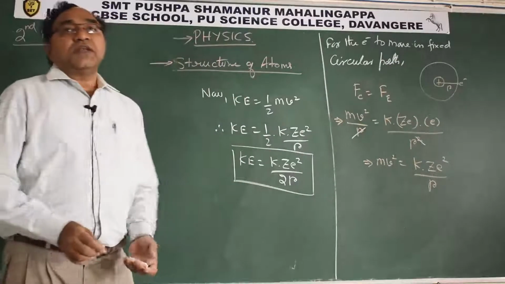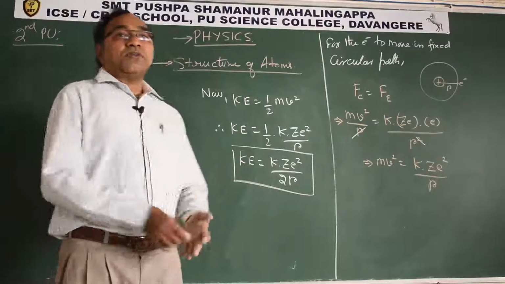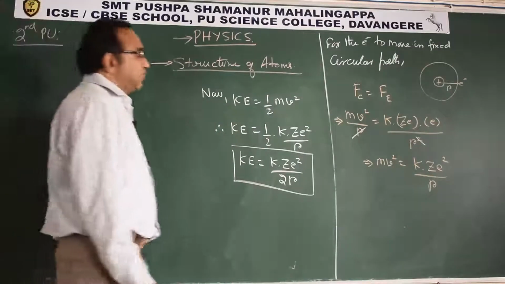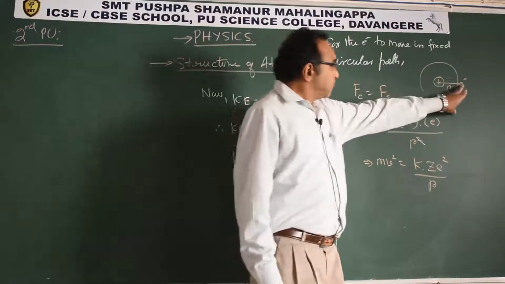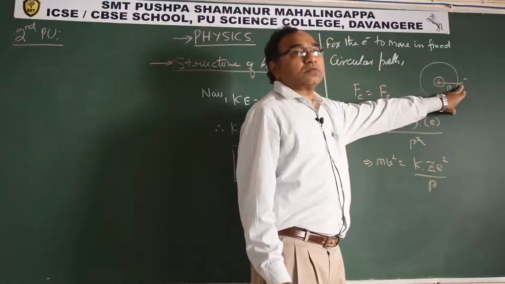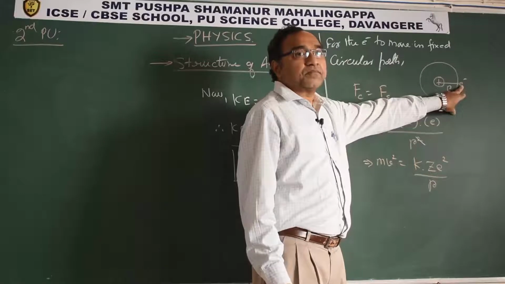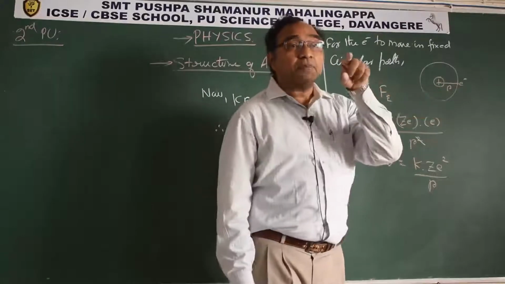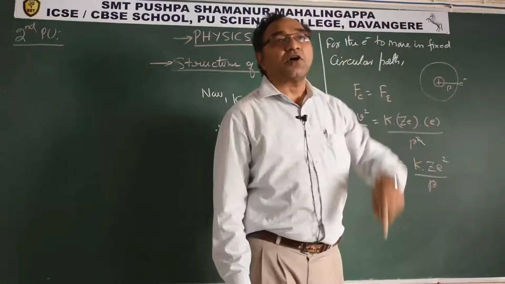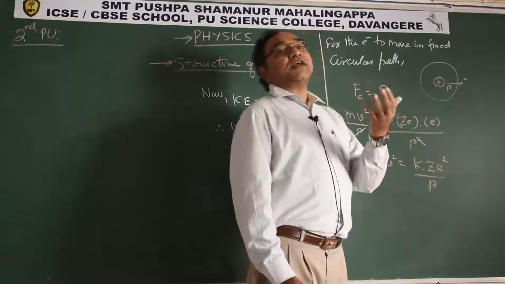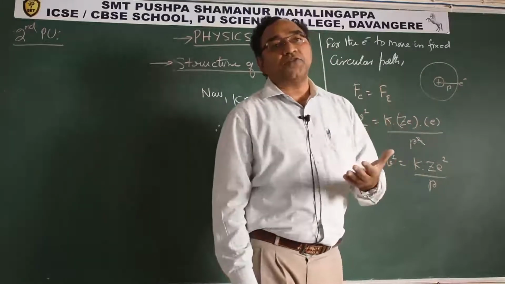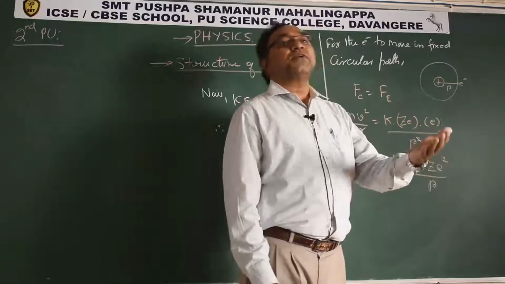What about potential energy? Now you will say, how is it that the system is having potential energy? Yes, the system will have potential energy because the electron is placed in an arrangement with respect to the nucleus. It is placed in a certain fixed circular orbit. Hence its arrangement is defined, and with every arrangement there will be a potential energy.